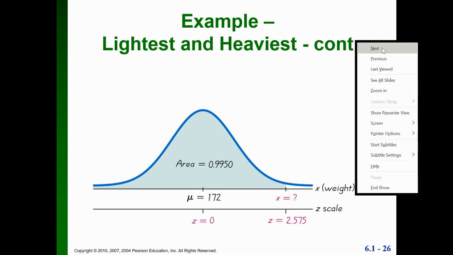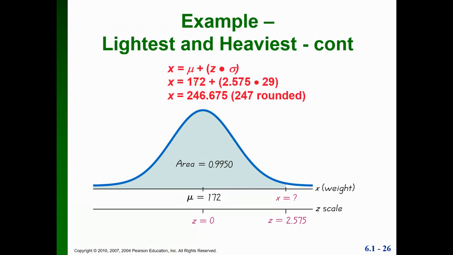All right, so doing the conversion, there's my mu, there's my Z score that I found from the table, there's my mean. Doing the multiplication and addition, we come up with 247, which kind of makes sense. If that's 172, this is to the right of it, 247. Certainly wasn't this guy here.